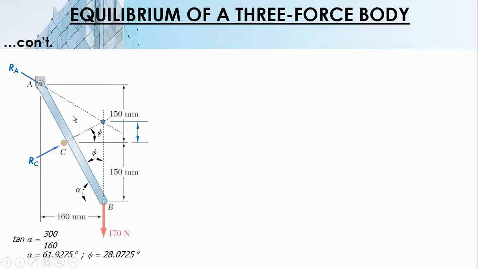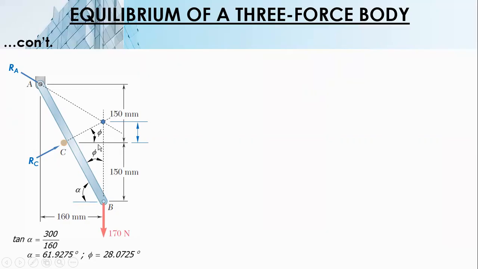Therefore, when you cut the 160, this is 80 and then 80. It is half since it is at the midpoint. So, we have 80 and then we have phi.